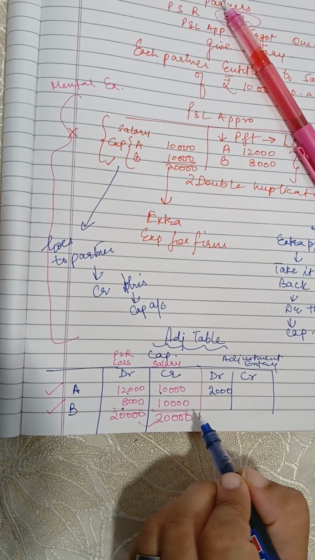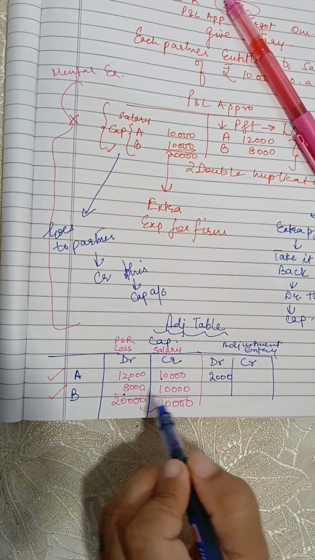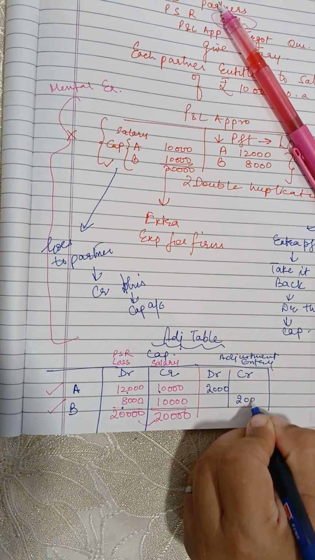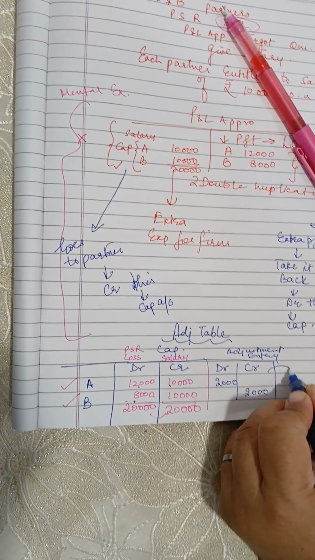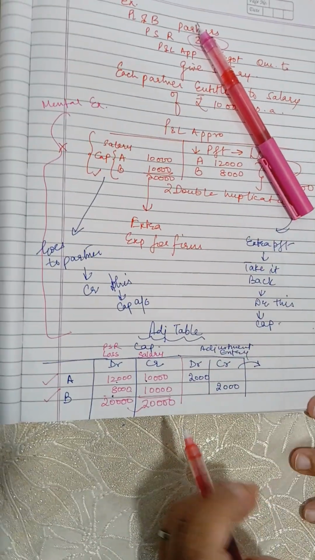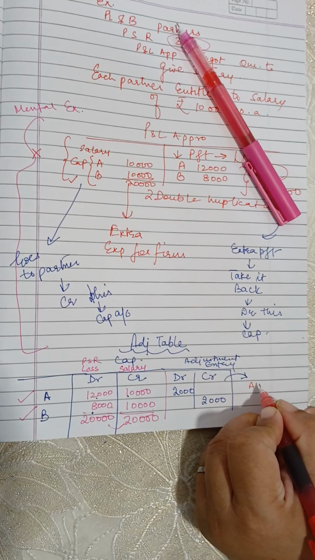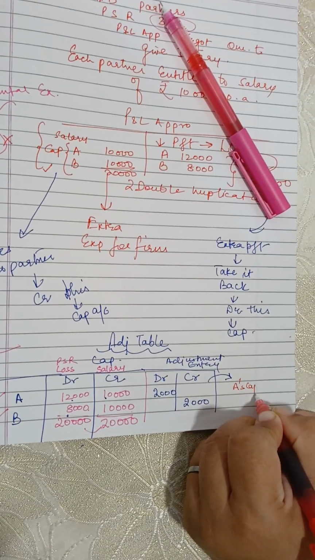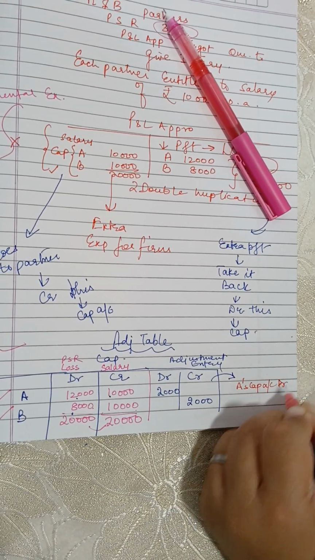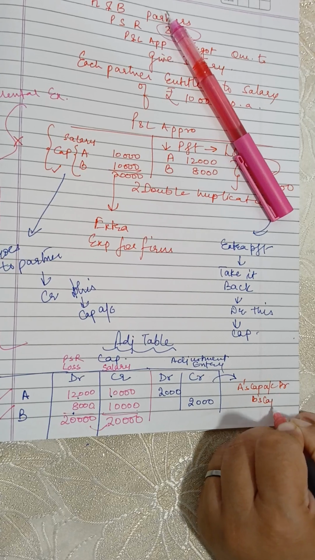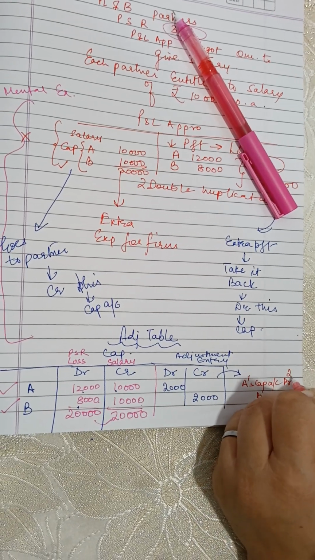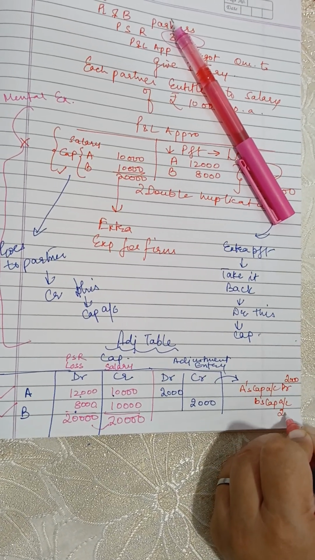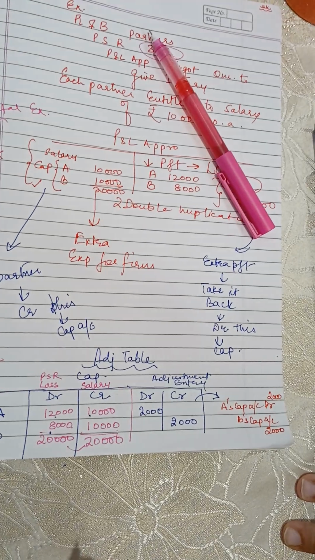What is more? Credit. How much more? The difference of the two, 2000 rupees. From here I get my entry. And what is my entry? A's capital account debit, B's capital account credit. Amount is 2000, the amount of net adjustment made by us.